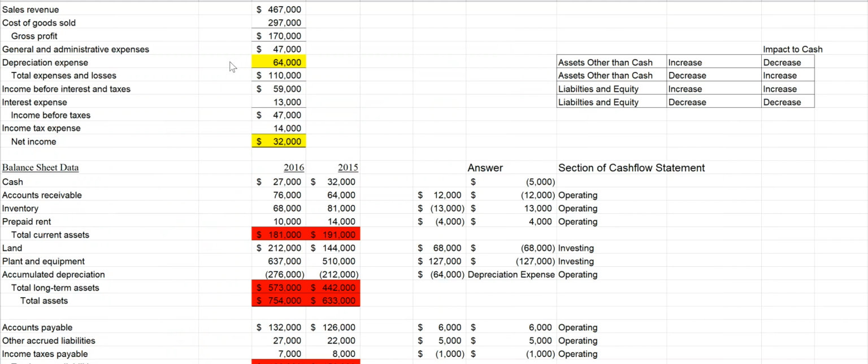It's going to have an operating section, an investing section, and a financing section. The operating section is going to include net income and depreciation expense and my changes in current assets and current liabilities. My investing section is going to have the changes to my long-term assets, and my financing section is going to have my changes to my long-term liabilities and my equity accounts.